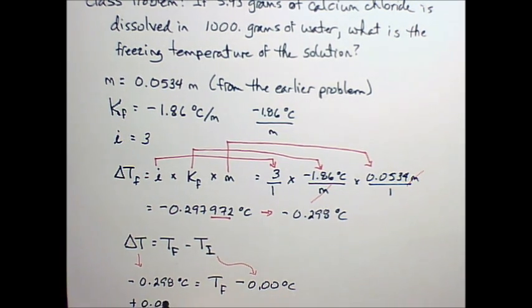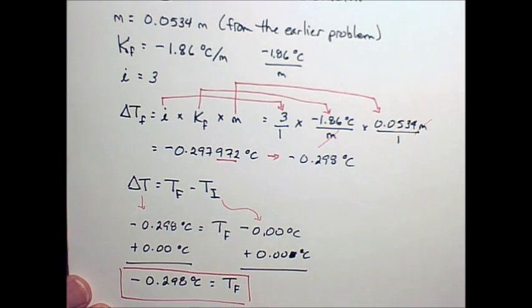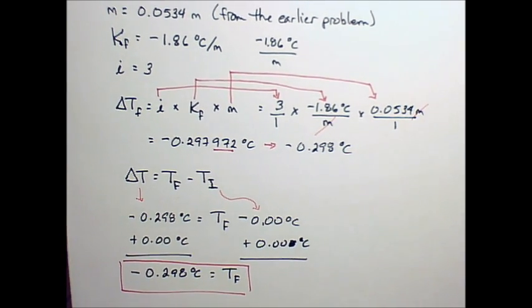Plus 0.00 degrees C to this side, plus 0.00 degrees C to this side. And you get negative 0.298 degrees C equals temperature final. Yep. And there's your final answer.